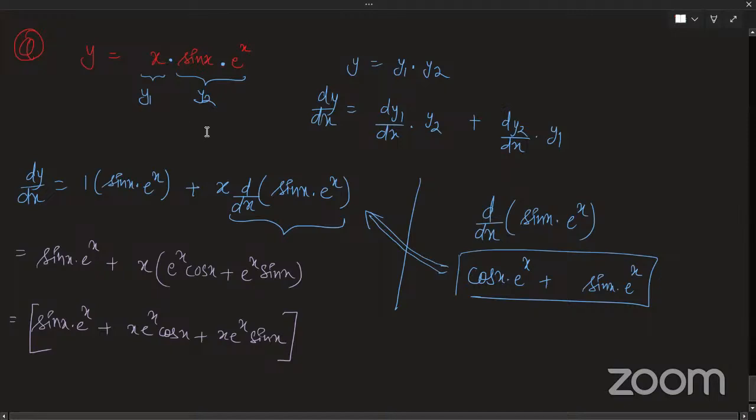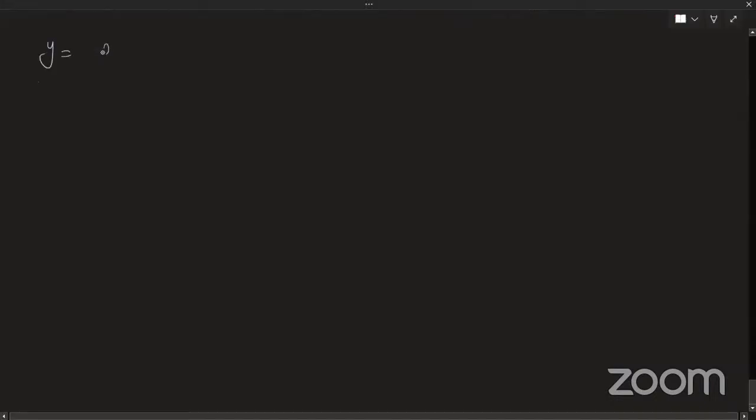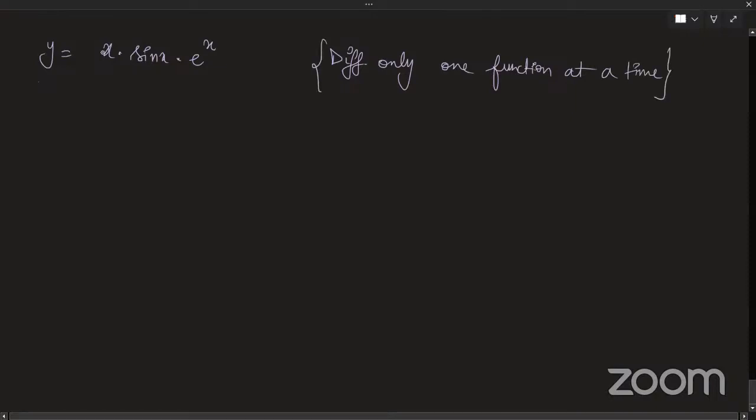Fine. So let me just tell you what the trick is for this. What you can do is differentiate only one function at a time and keep all others as they are. Okay.